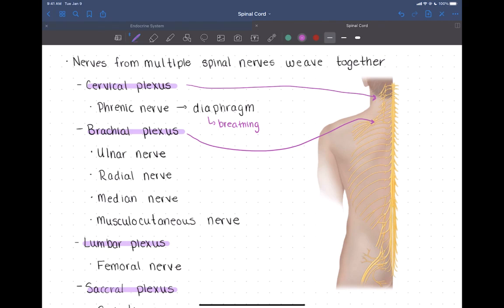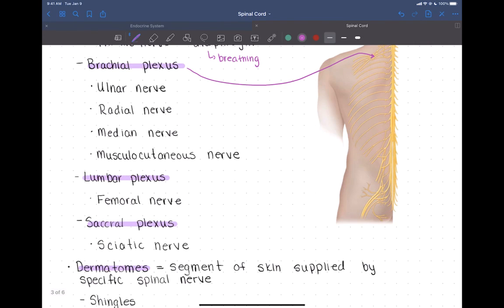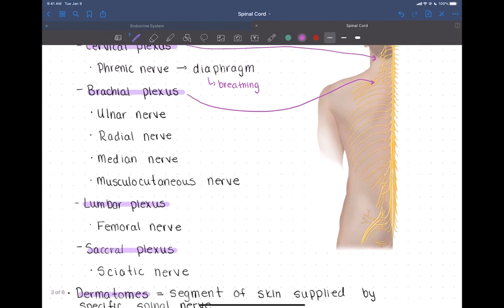Our last two plexuses are going to be for the lower extremities. Throughout these thoracic spinal nerves, we don't really have any plexuses that form until we reach the lumbar region. In the lumbar region, we have our lumbar plexus.